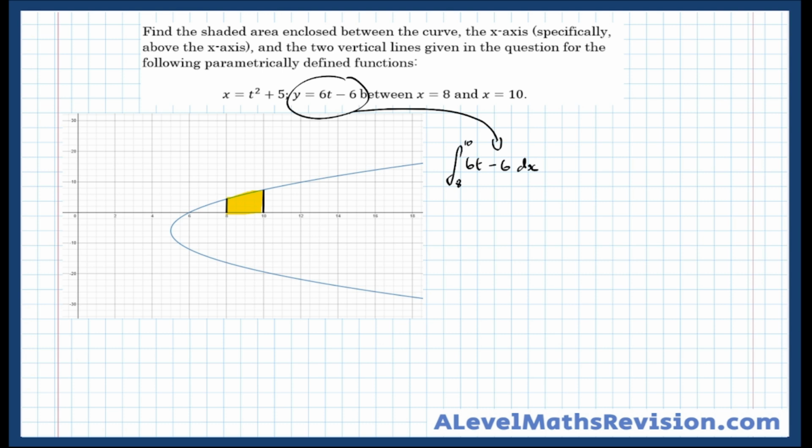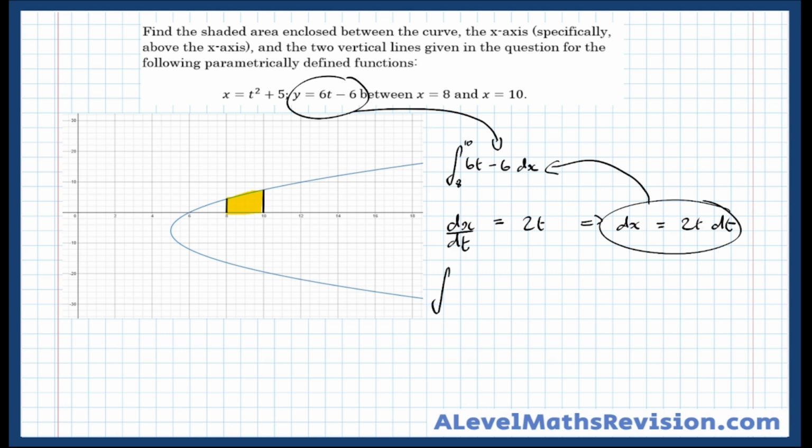So what we're going to do, we're going to find dx by dt, which is equal to, in this case, 2t. So that means that dx equals 2t dt. Again, much like integration with substitution, we can now take this dx and replace it with 2t dt. So now it becomes the integral of 6t minus 6 times, instead of dx, 2t dt.